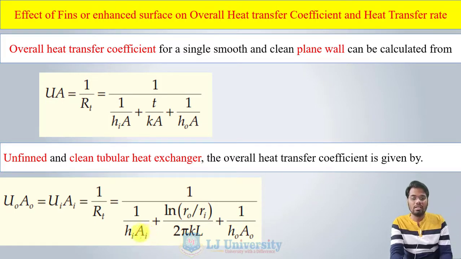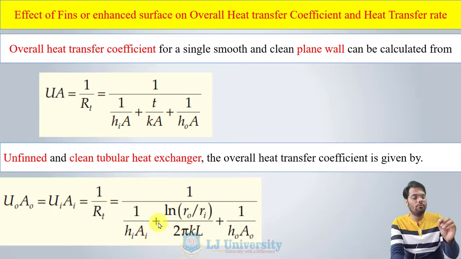In the case of a wall, the cross-sectional area, or the surface area, for the convection and conduction remains the same, so there is no requirement of Ai and Ao. But for a tube or pipe, as the radius changes, the inside area and outside area change. So the first resistance is the convection resistance, the heat transfer between the hot fluid and the inner surface of the wall of the pipe, so 1 upon hiAi.